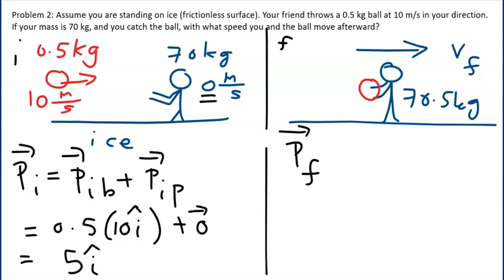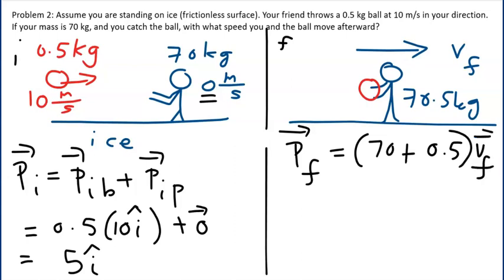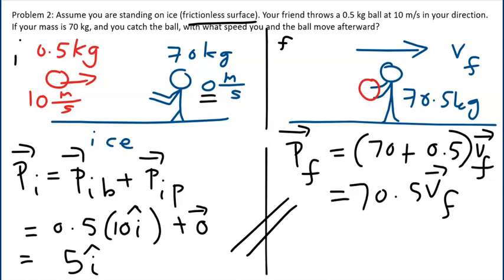The final linear momentum of the system equals the mass of the person, your mass, plus the mass of the ball, because now both masses are moving as one, times the common velocity of you and the ball. So it is 70.5 times the final velocity of you and the ball moving to the right. Now we know that this surface is frictionless, which means there is no net external force. So that means the momentum is conserved, and you can equate the momentum before to after.